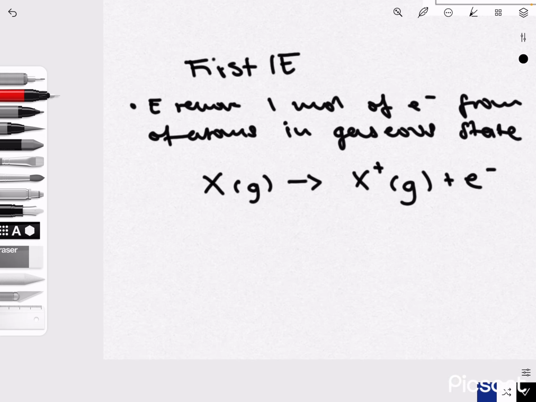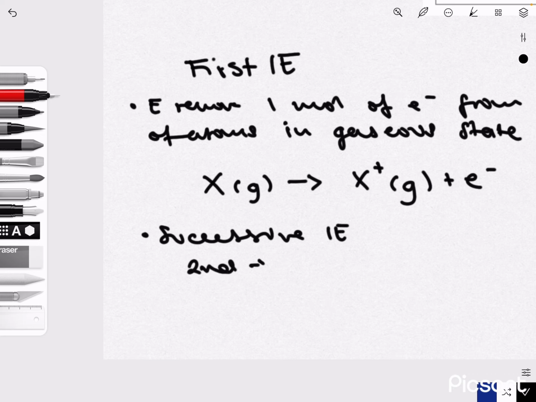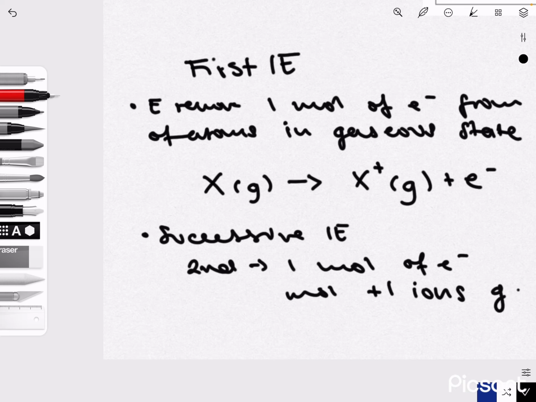And the successive ionization energies: your second ionization energy is the energy to remove 1 mole of electrons from a mole of +1 ions, so ions or atoms which have already had an electron taken from them, also in a gaseous state.